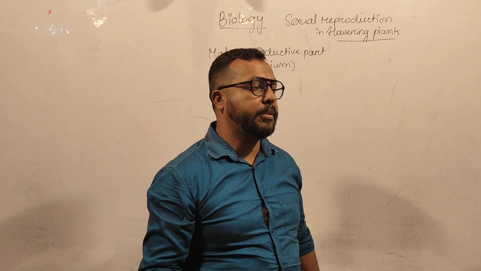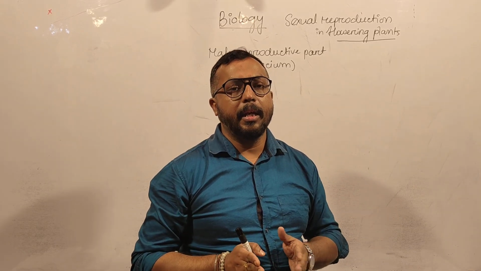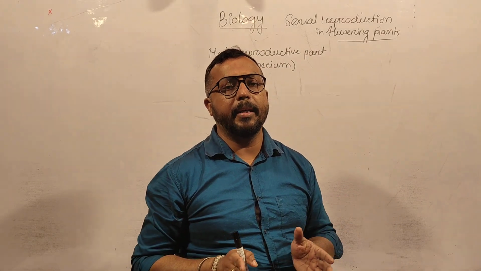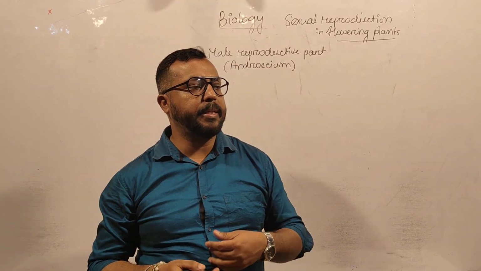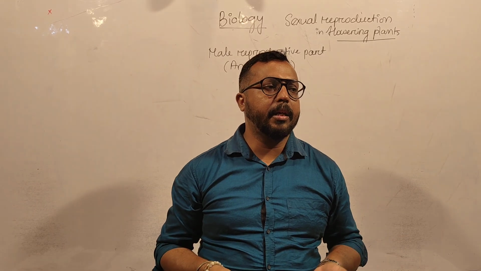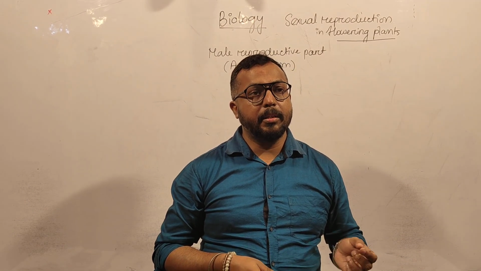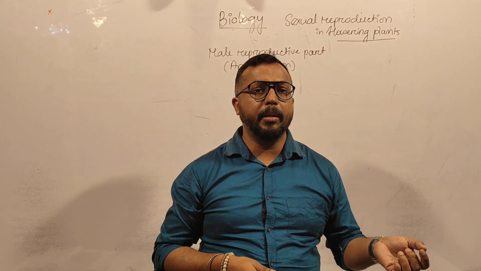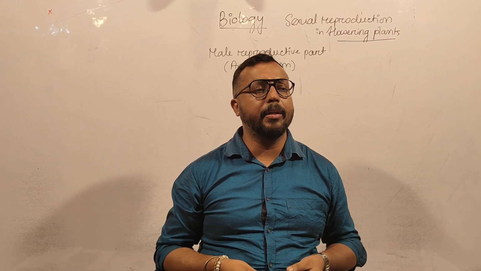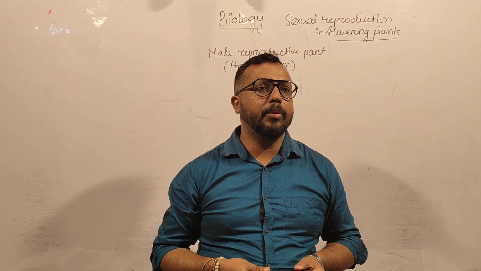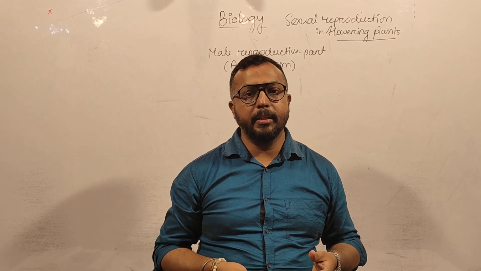Then pollen grains have a certain period within which they can germinate, and that is called pollen viability. Pollen viability can vary from species to species. In plants like wheat, rice, etc., the pollen viability is only 30 minutes, whereas in plants like rose or potato, the pollen viability can last up to a month sometimes.